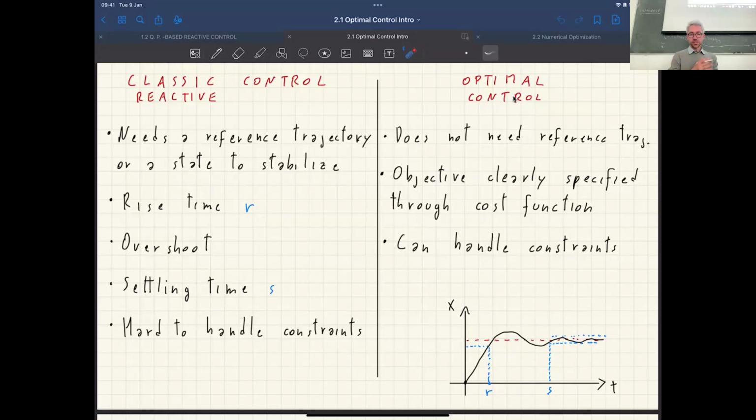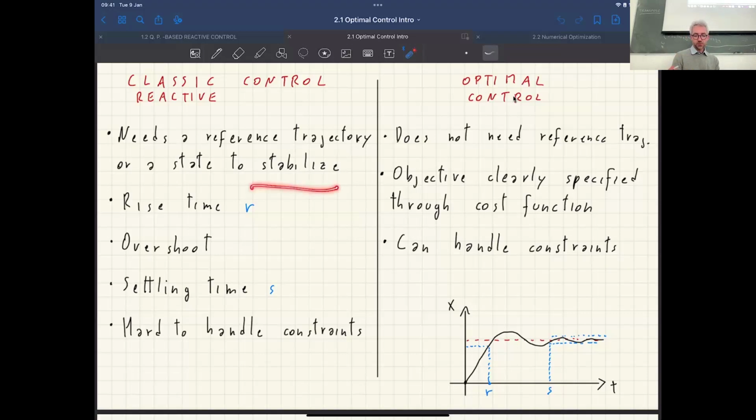And basically the controller is taking care of tracking that trajectory. So that might be good enough for certain applications, like if you are in an industrial setting and you know exactly what trajectory the robot should track, then probably you're good with the reactive control.